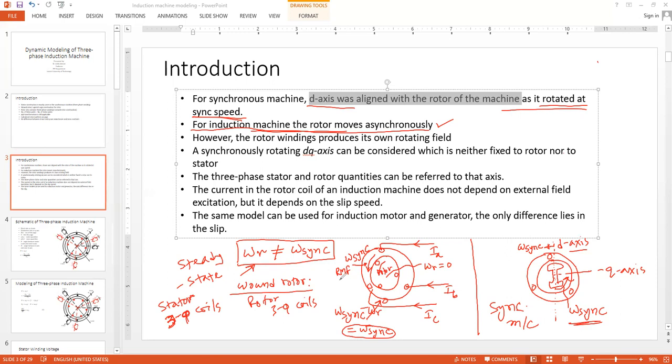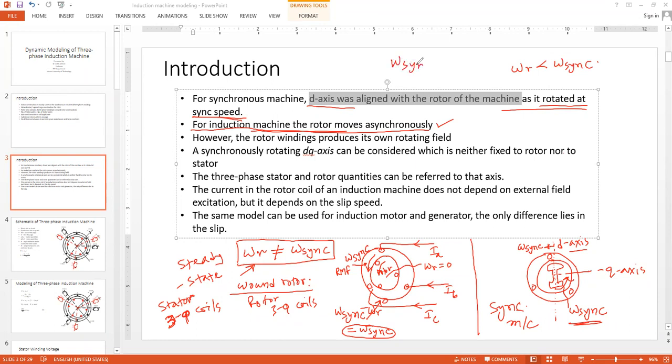In the last part, the explanation from your end was a little incorrect, but the remaining part was okay. The rotor would never catch up with the RMF because it is a motor action. So always omega r would be less than omega synchronous. It will always lag behind.